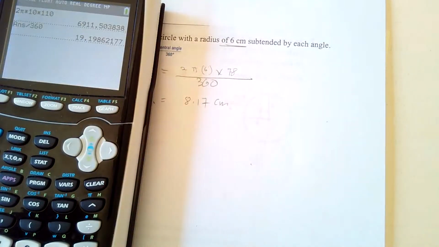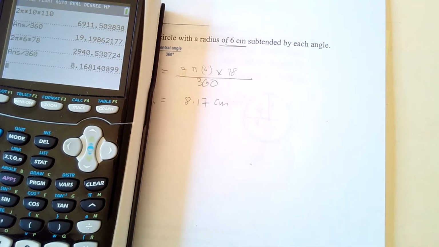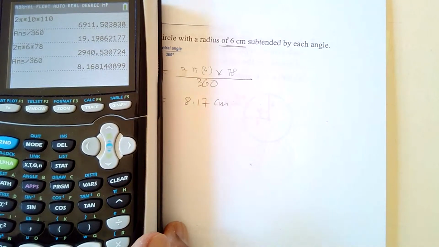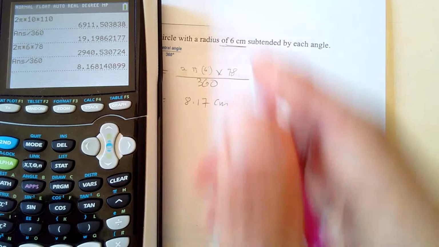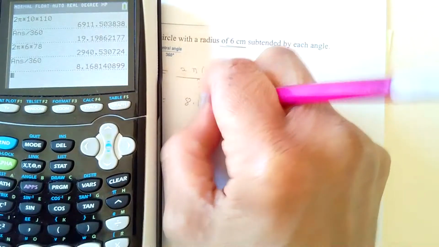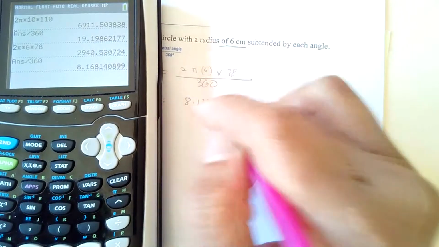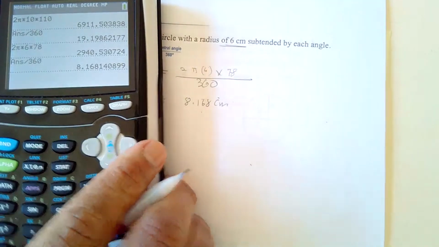Okay, let's try that again. 2 times pi times 6 times 78 central angle divided by 360, 8.168. I should make it 3 decimal places. Centimeters.